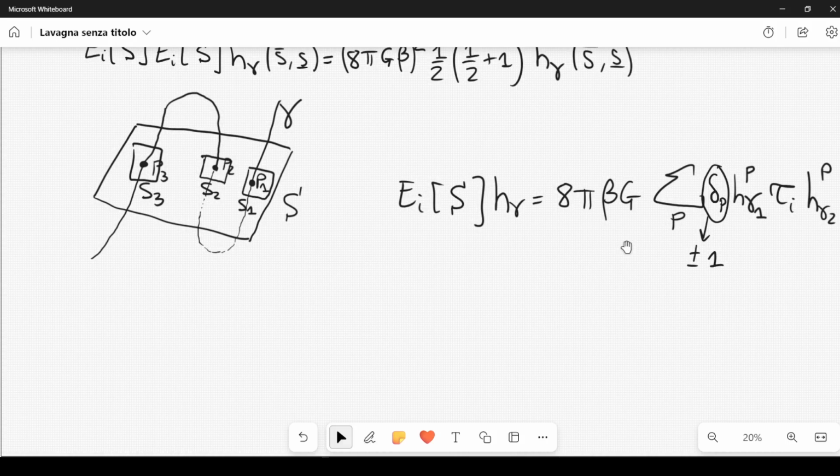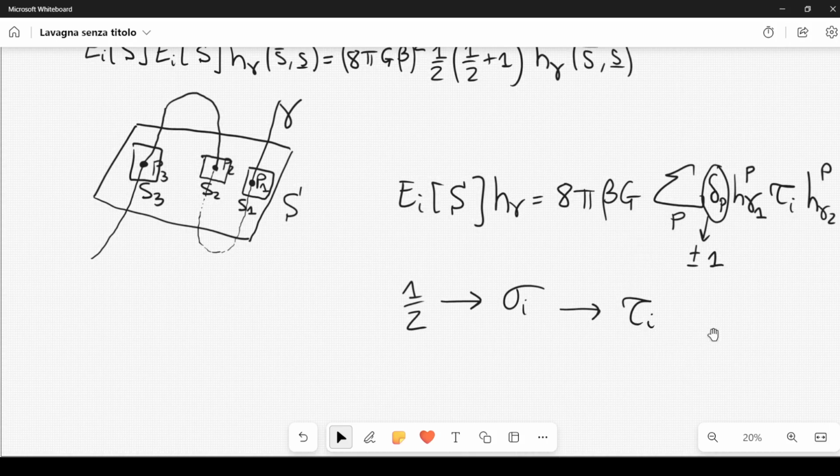Now, to generalize even further, we can consider higher spin representations because so far we have only considered the representation of spin 1/2 because we have used the Pauli matrices sigma I and then the matrices tau I, which are these matrices here.